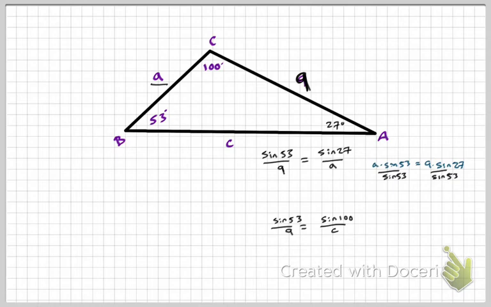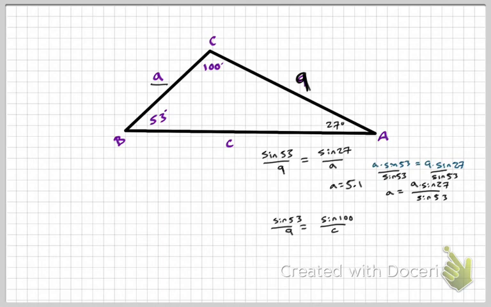So A equals 9 times the sine of 27 divided by the sine of 53. 9 times the sine of 27 gets me 4.0859, divided by, so ANS, sine of 53 gets me 5.1. So our value for A is 5.1.